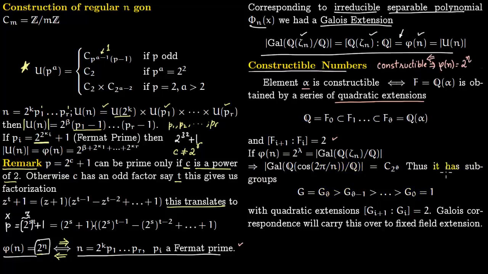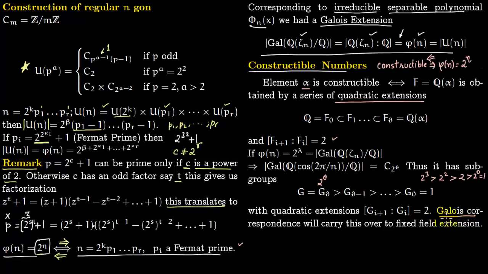So for example, if you have a group of order 8, it will have a subgroup of order 4, which will have a subgroup of order 2. So you have these subgroups. Similarly here you have these subgroups. So this subgroup has order 2 to the theta, and then the second one will be 2 to the theta minus 1, just like here, all the way. So this will have 2 to the power of 0, which is 1, just like this. And then you have quadratic extensions, obviously, of 2, as you can see.